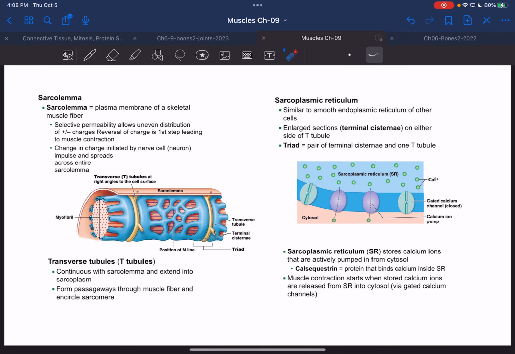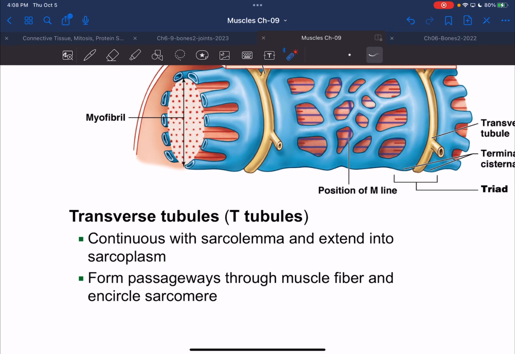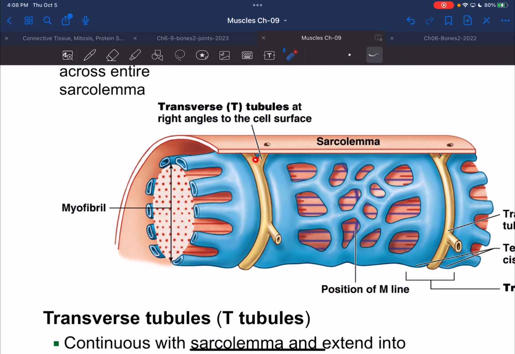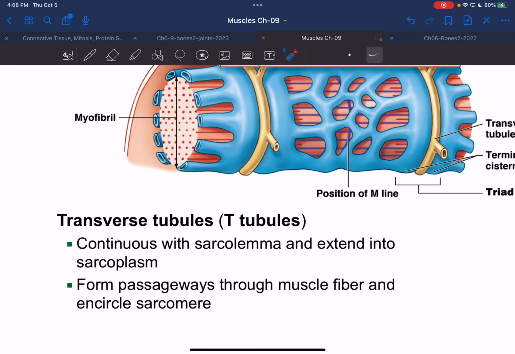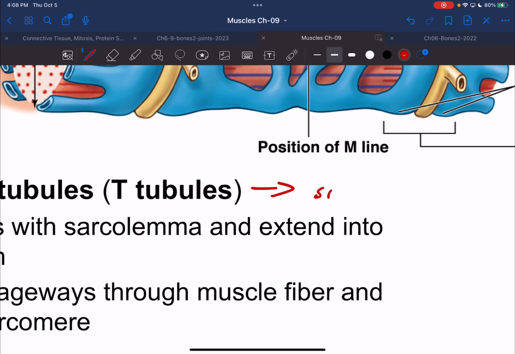And the next term I want you to get is T-tubule. This structure gives a signal to the structures next door, the endoplasmic reticulum next door. It gives it the signal to release calcium.